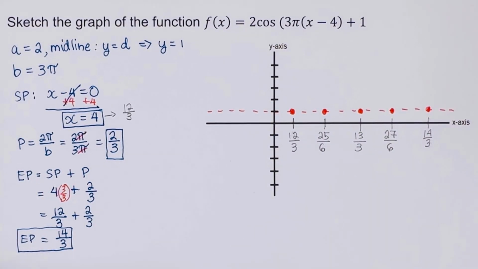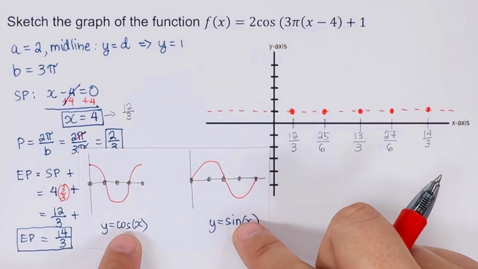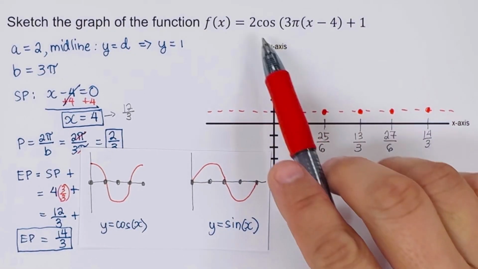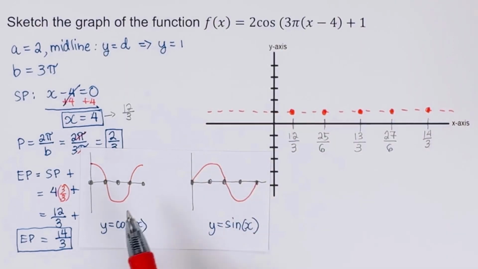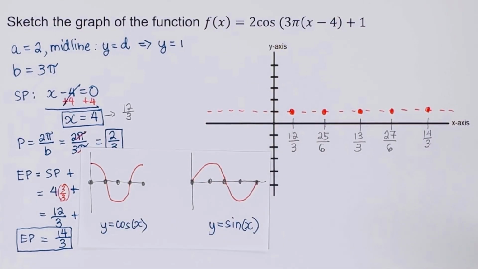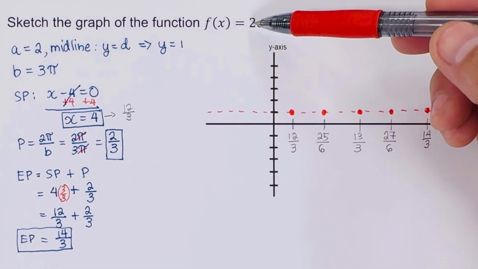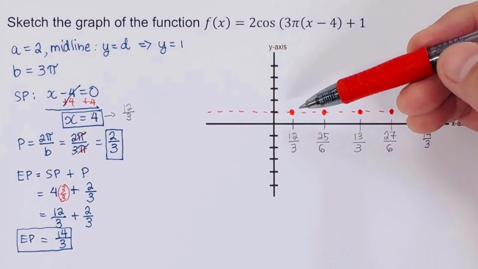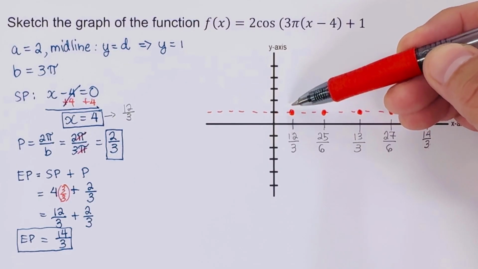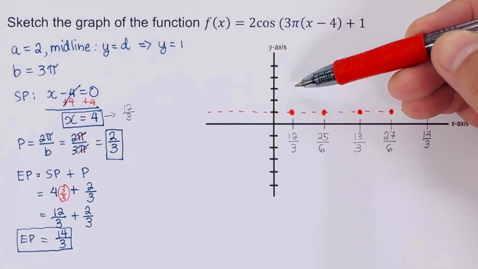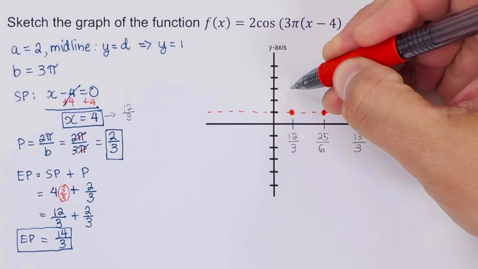Now, please remember that this is how the sine and cosine graphs look. In this problem, we're looking for cosine, so it's going to look like this. We remember that our amplitude is 2, so this is going to go up 2 from the midline. So 1, 2. This is where it's going to start.